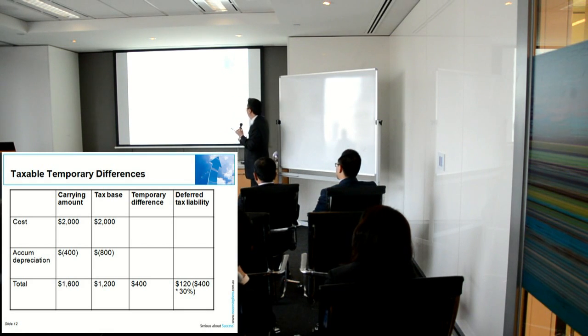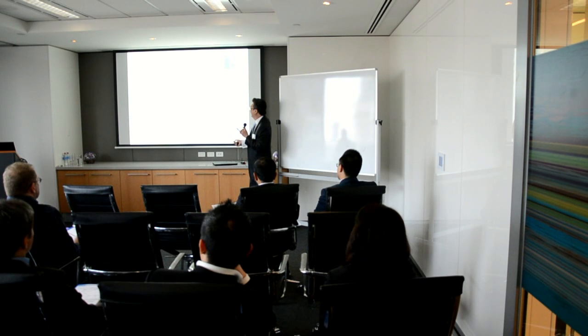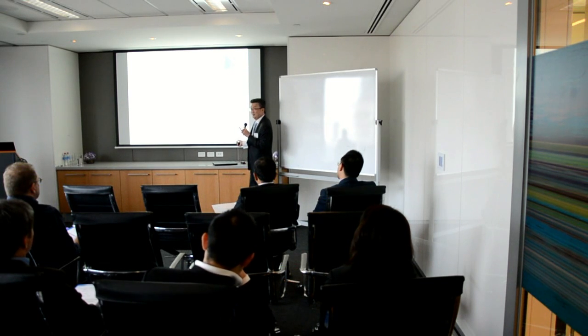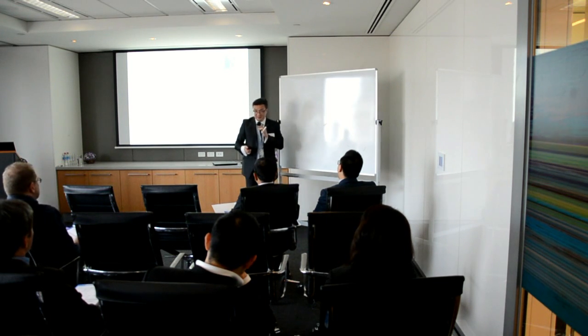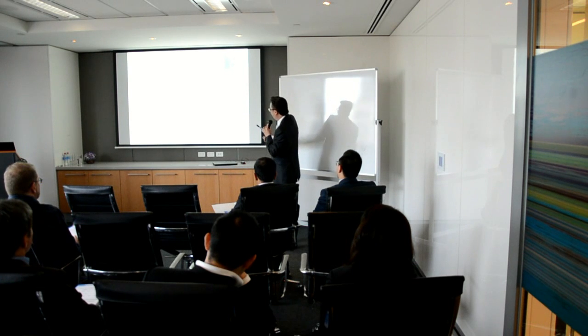Gives you a temporary difference of $400. So accounting written down value greater than tax written down value. It is a taxable temporary difference. If you're going to sell it for $1,600, you make a gain of $400. That by 30% gives you a deferred tax liability of $120.